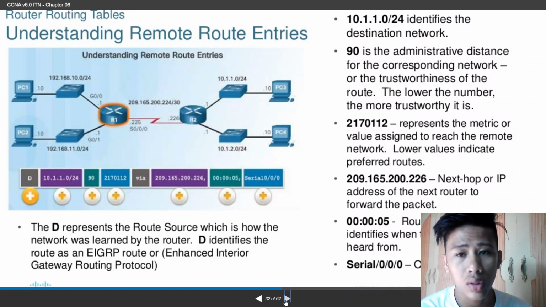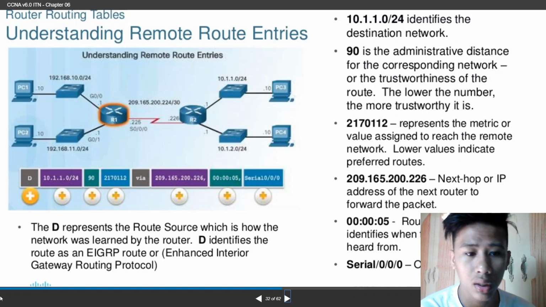Understanding the remote route entries. The first one, 10.1.1.0/24, identifies the destination network. 90 is the administrative distance for the route.